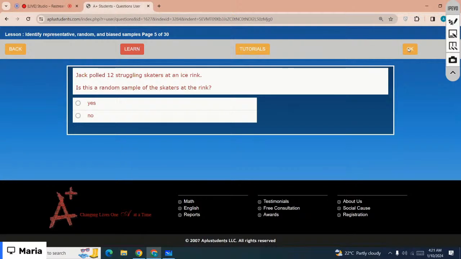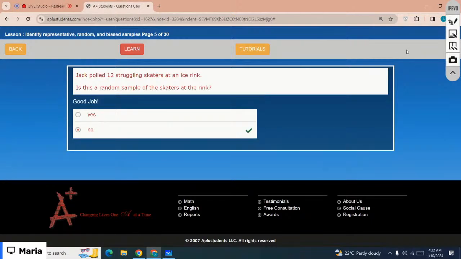Is this a random sample? The correct option is no, right? Because they are not the same as the other skaters. This is a biased sample, not a random one. The correct option is no, this isn't a random sample.